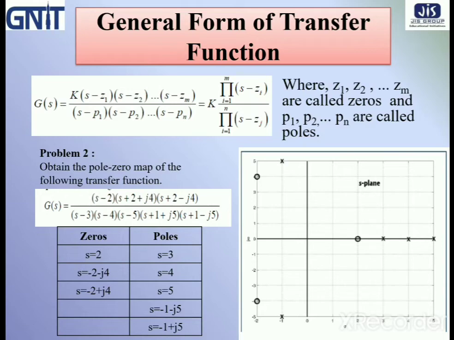Just look at the figure, s is equal to plus 2 on the real axis, there will be a small circle, that is the location of a zero. And s is equal to plus 3 is a pole, so on the positive real axis at s is equal to plus 3 there will be a small cross, that is the location of a pole. In this way we represent the poles and zeros in this graph.